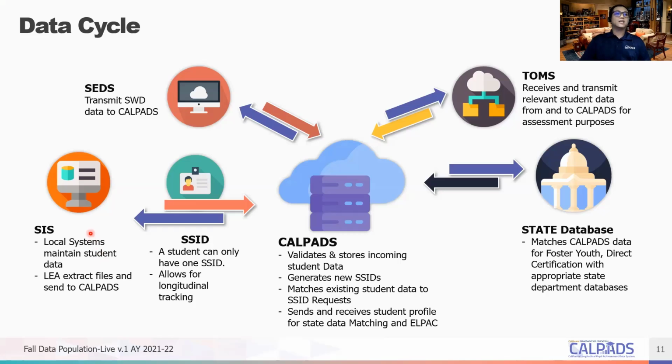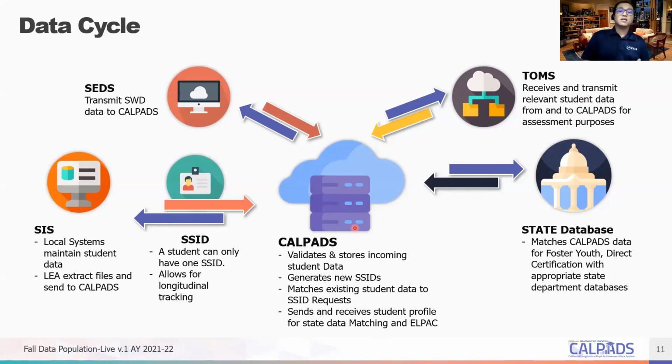You store that in the SIS, and then you extract the first file, which is the SENR, which contains a student's SSID if you already have the student enrolled before. If the student requires an SSID to be generated, you only have the name and basic demographic information, and submit that to CALPADS.